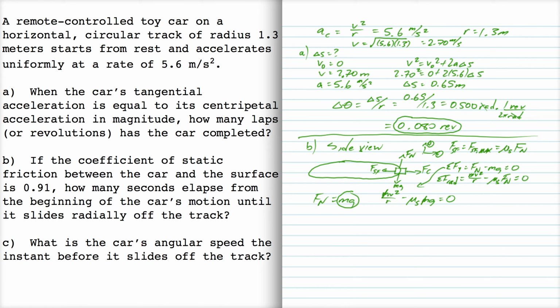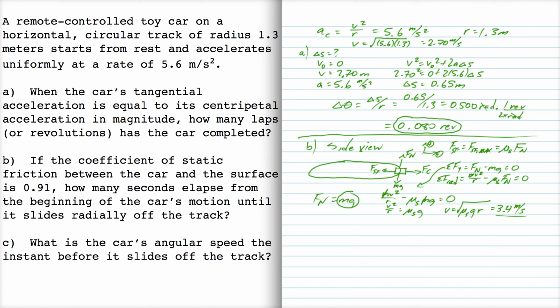So if I solve this, I get v squared over r is equal to mu sub s times g, or v is equal to the square root of mu sub s times g times r, which works out to be 3.4 meters per second. Okay, so there's our final velocity for this part. At 3.4 meters per second, the car's just about to slide off the track.